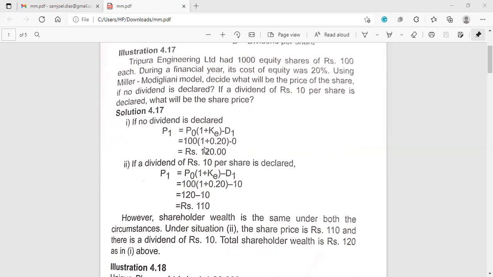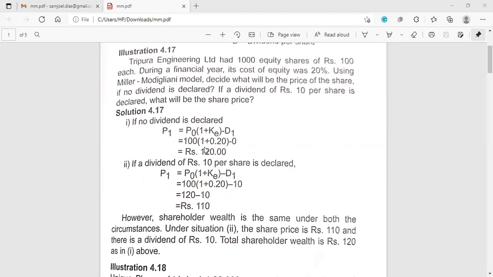Now if a dividend of rupees 10 per share is declared, P0 will remain the same 100, KE will be the same 20%, but D stands for the dividend, the amount of dividend, that is 10 rupees per share, so D is 10. If we do the calculation, we get 110.